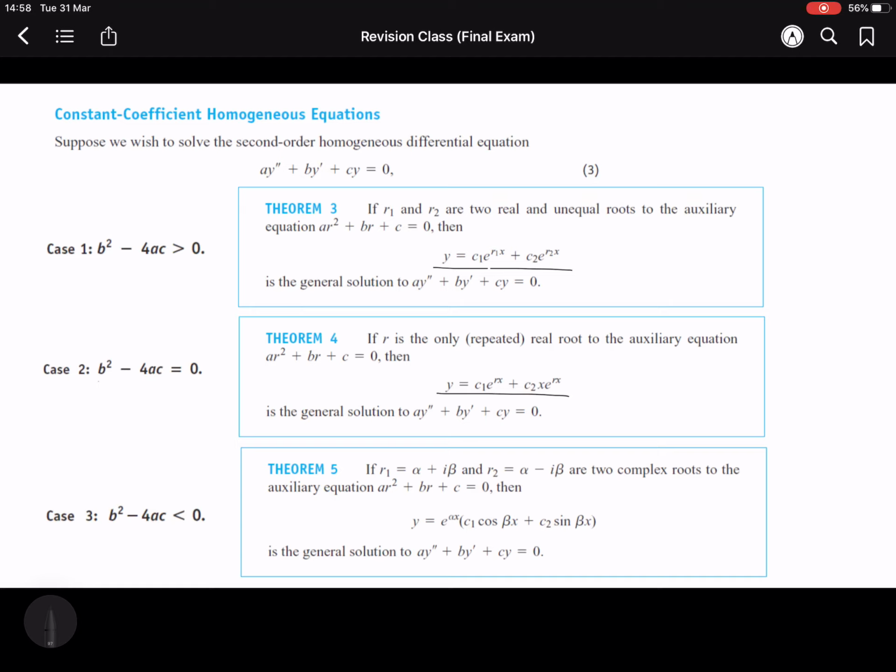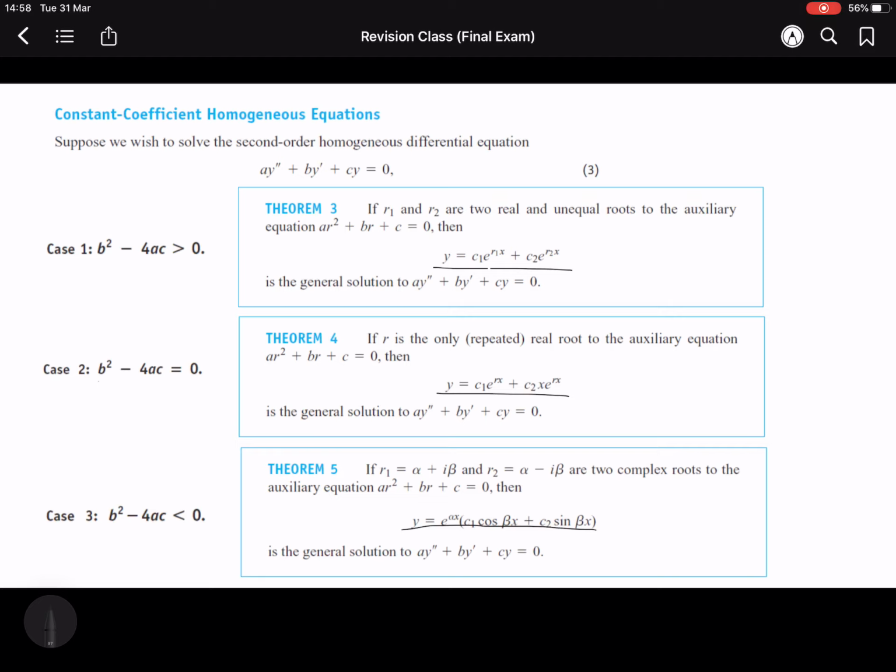However, if you have found that you have two complex roots, then the complementary solution will have to be written in this way as stated in theorem number 5. That will be equal to the exponential of alpha x multiplied with c1 cosine beta x plus c2 sine beta x.